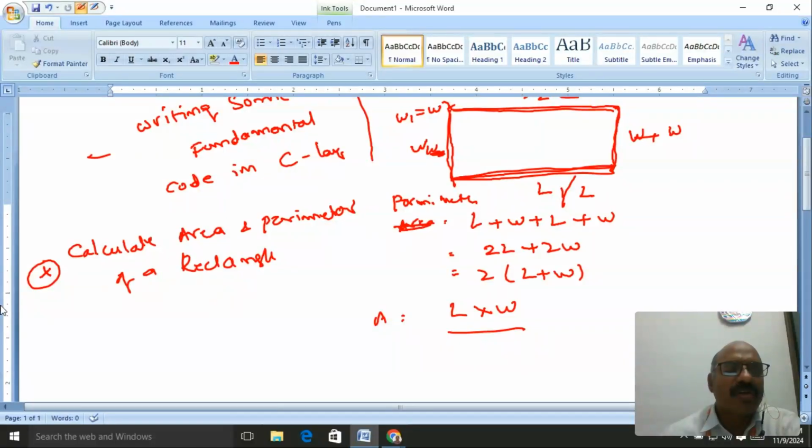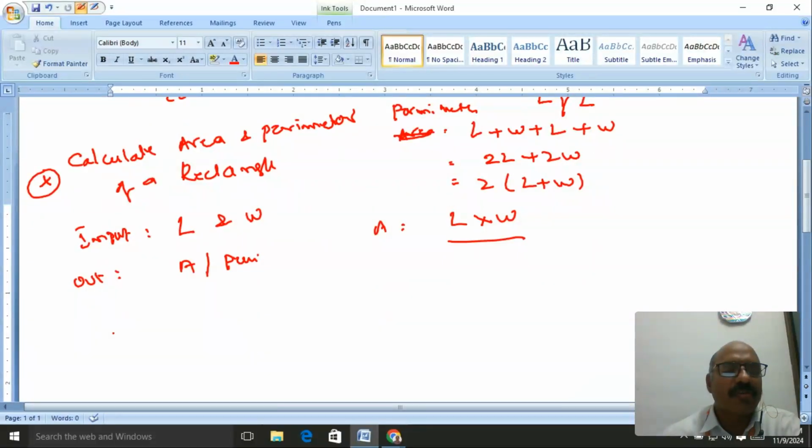Hence, what are the inputs we are going to take to solve this problem? The inputs are length and width, and the output is the area and perimeter that we are going to generate. So what is the process in between the length and width?